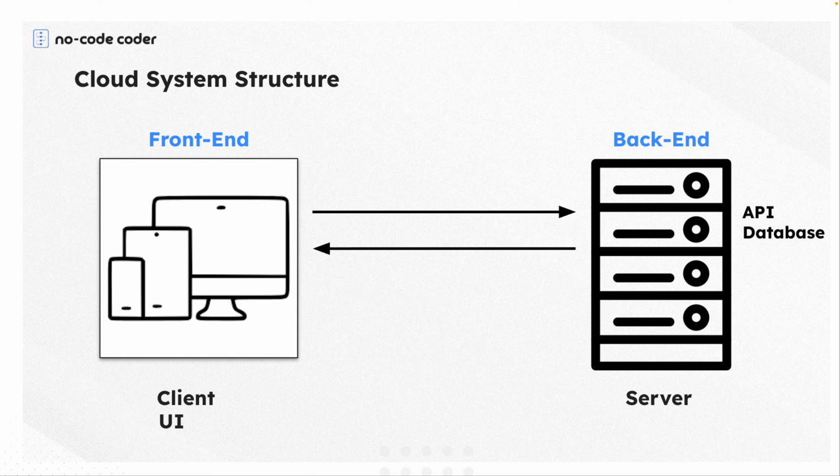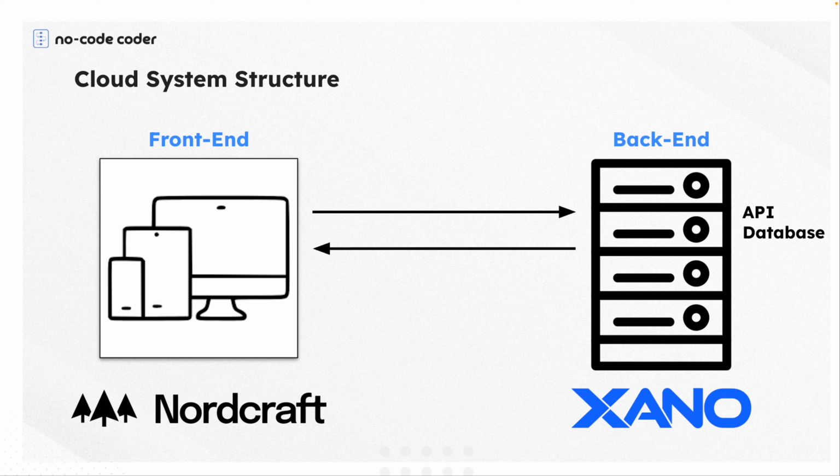The reason I've explained all of this is because the two tools that we'll be using each have responsibility for one of these sections of the structure of the app. One tool will be dealing with the front end, one tool will be dealing with the back end, and they communicate with each other quite seamlessly. The tool we'll be using to build our front end app, the part that the user interacts with, is Nordcraft.